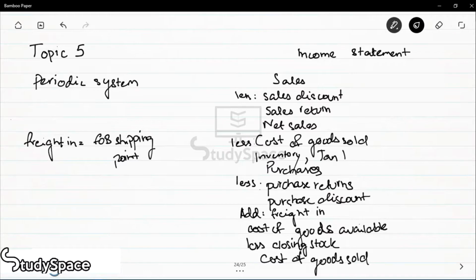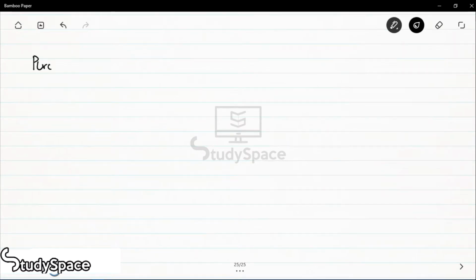Now we will be looking at the general entries for purchases and sales in our next slide. So for purchases, we're going to have the same entries, but the only difference is that we are not going to be accounting it under inventory, but in fact specific separate accounts.